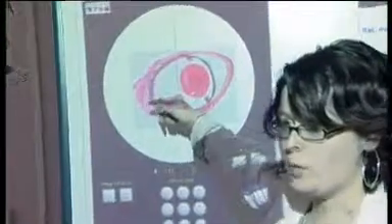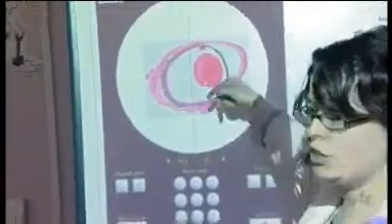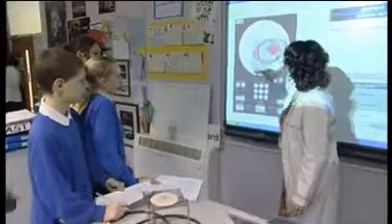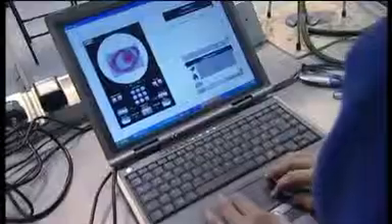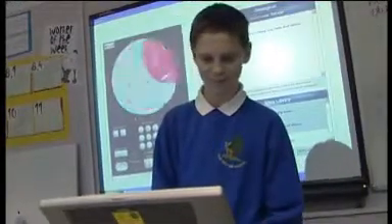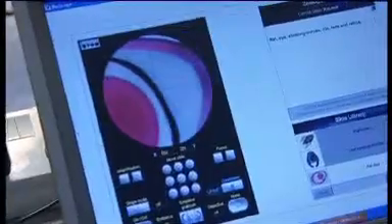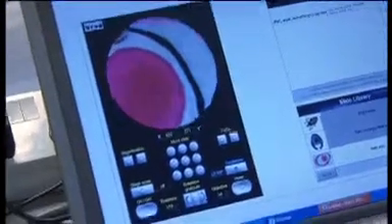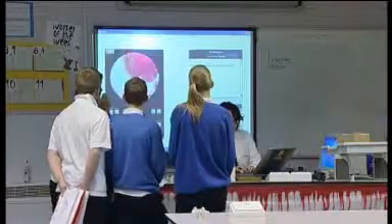Today we were looking at eyes, so I put the rat eye slide up on the electronic whiteboard running off a laptop. I brought the students up in groups to have a look at it, to manipulate it around using focus and magnification, and then to make a quick sketch of the eye slide.